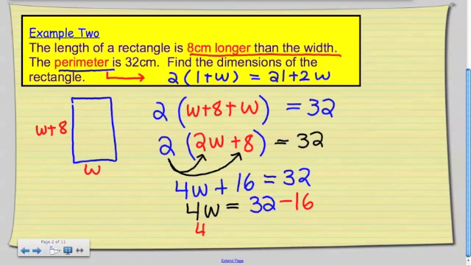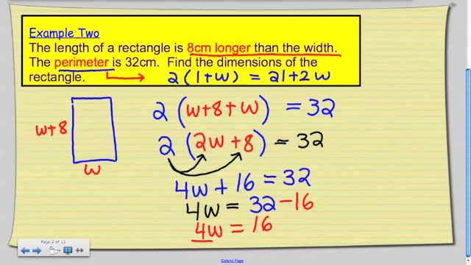That means 4W is equal to, now am I doing this right? Yes. What is 32 minus 16? Can someone tell me? 16. Good.